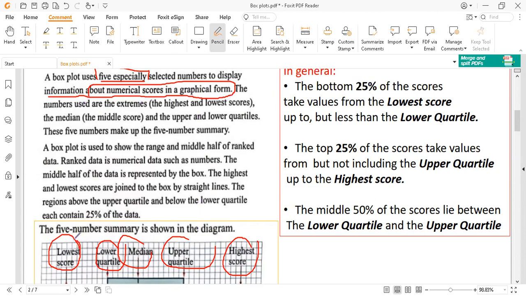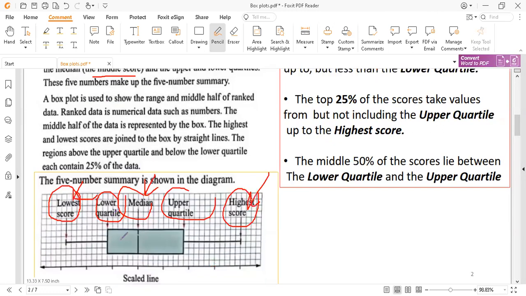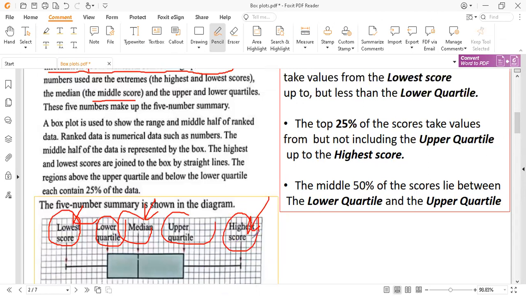First of all, we should know that the extremes are the lowest and the highest score. The middle score is represented by the median, and the upper and lower quartiles are the quarters of these numerical values. So these five numbers make up the five-number summary.